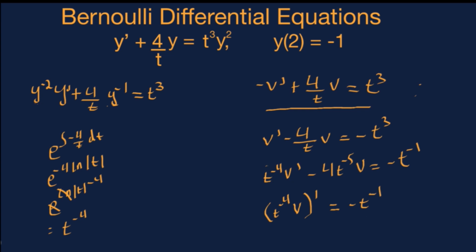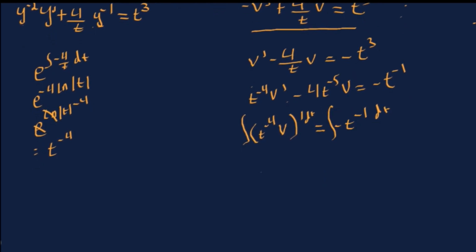to the -1. And when we integrate both sides with respect to t, we get on the left side t to the -4 times v is equal to, the right side would be negative natural log of the absolute value of t plus the constant of integration.